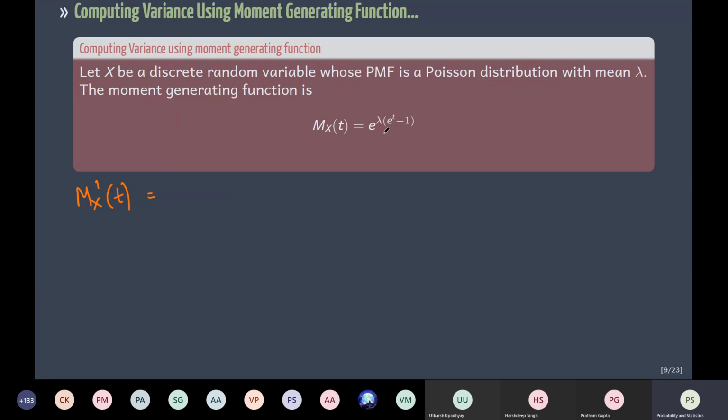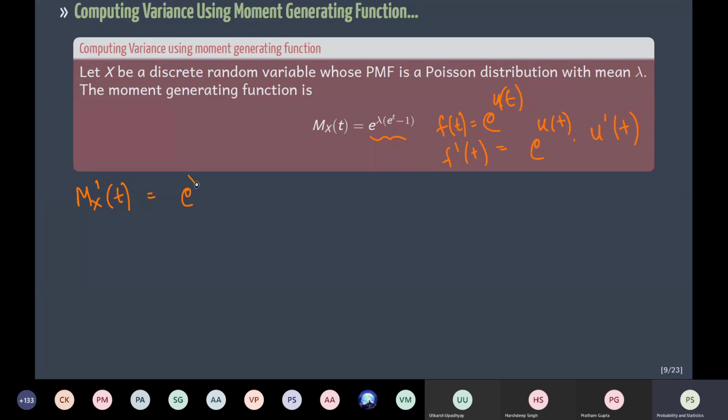This is of the form e to the power u(t), and this is your function f(t). So this is the chain rule: e to the u(t) times u prime of t.